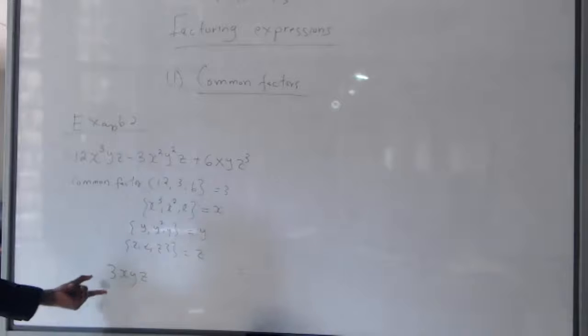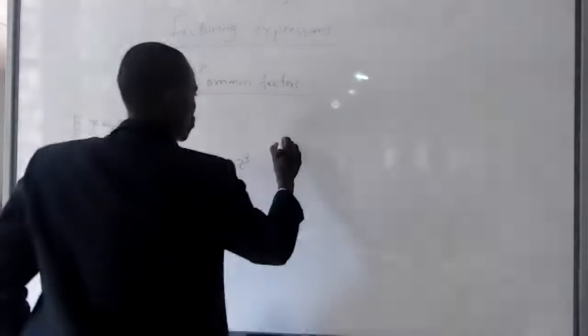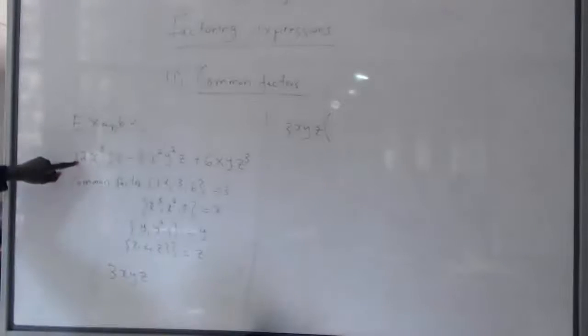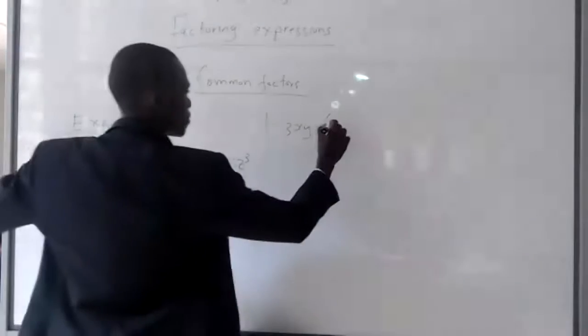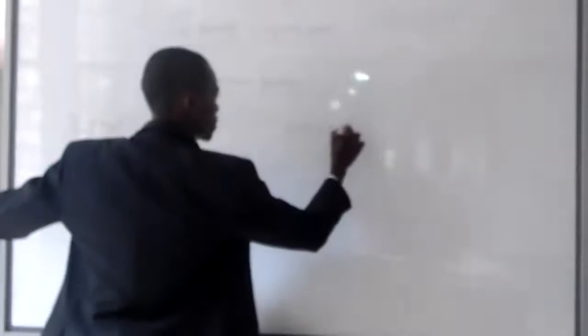Now, how do we proceed? Pull out this factor from each term. So we will have 3xyz times, so 3 goes into 12 4 times. Then x goes into x cubed, x squared times.